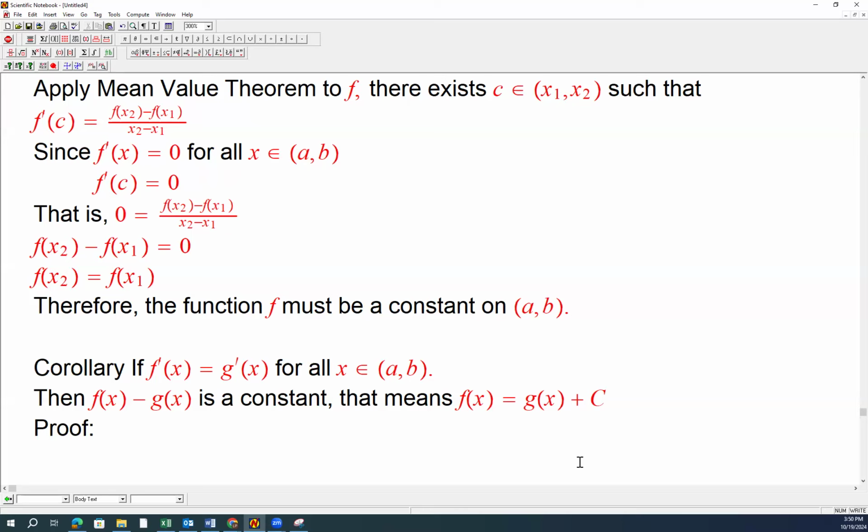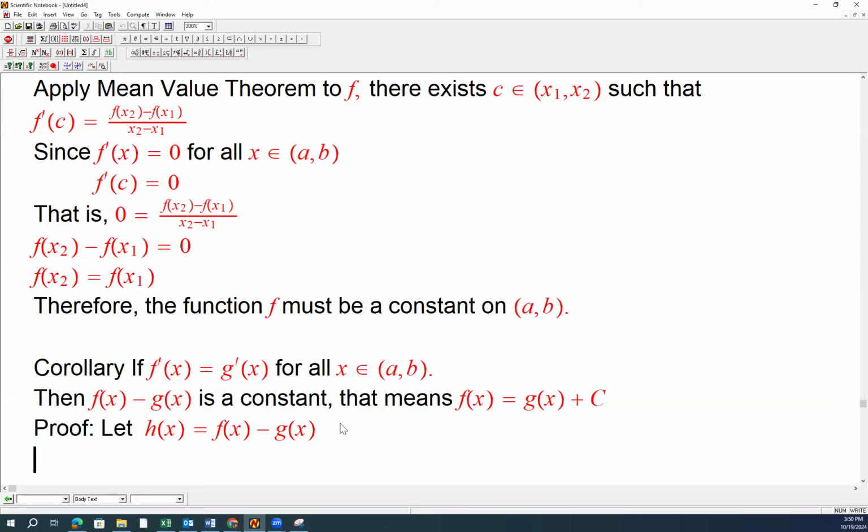When we prove this theorem, we are going to introduce a function, we call it lowercase h. We'll say let h of x equal f of x minus g of x.